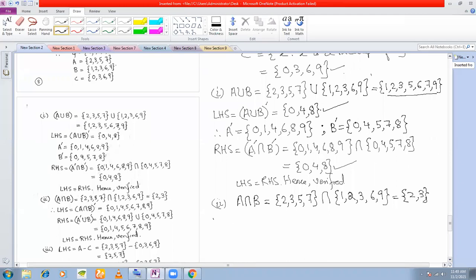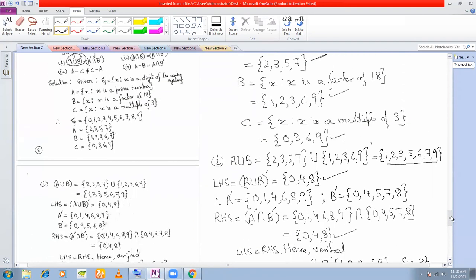And the left hand side is (A intersection B) complement. What are the elements of (A intersection B) complement? Those elements that are not there in A intersection B. So what elements are not there? 0, 1, 4, 5, and 9. These elements, they are not there. So this forms your (A intersection B) complement.